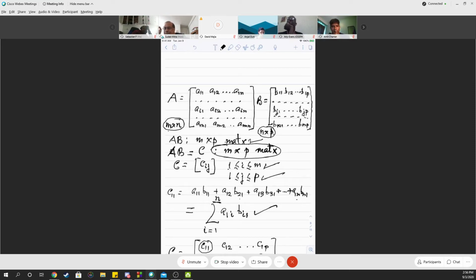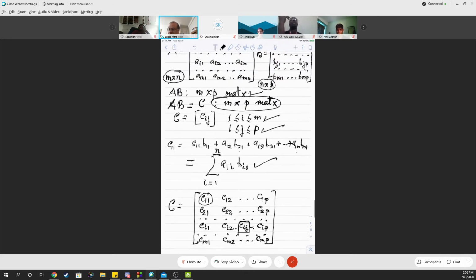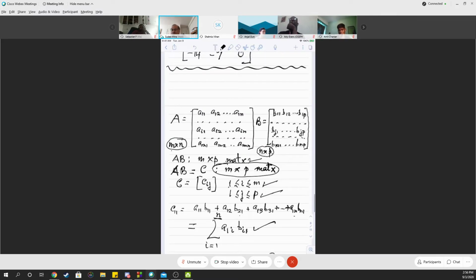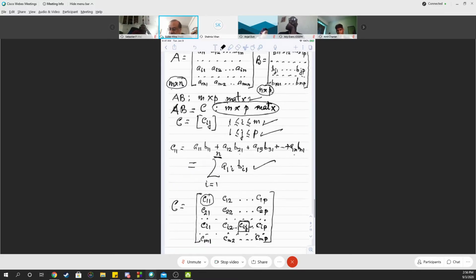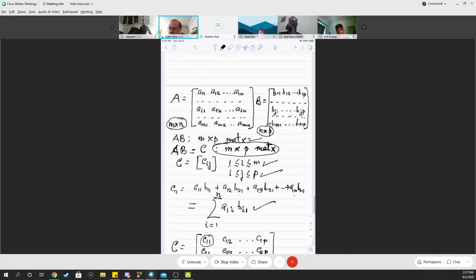That would be A21B11 plus... So very good. C21 means I will take the second row of A, first column of B. Yes or no? And that's exactly what she was telling us. This is the big problem.